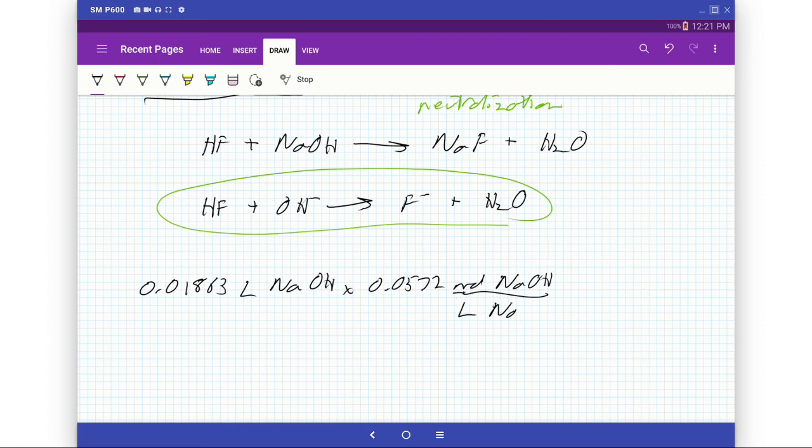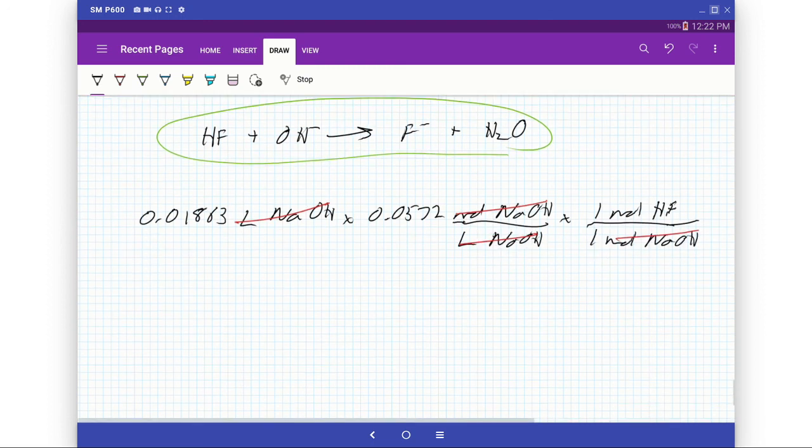The chemical reaction also gives us the stoichiometry, and it is 1 mole HF over 1 mole NaOH. I'm very careful about what cancels. Moles of sodium hydroxide cancel with moles of sodium hydroxide, similarly with volume.